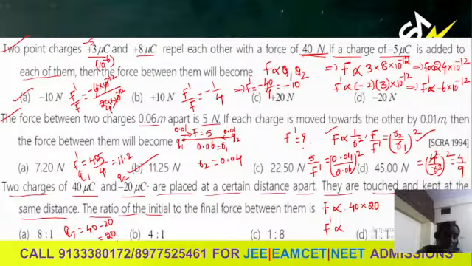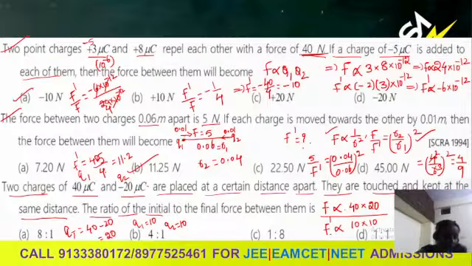So each can share: Q1 will become 10, Q2 will become 10. They share equally from the total. So I can say 10 into 10. Then take this ratio directly: F by F dash, because they are asking initial to final. Initial is F, F dash is final.